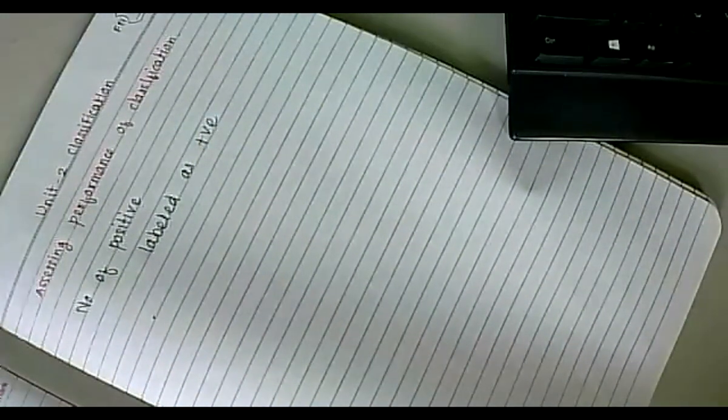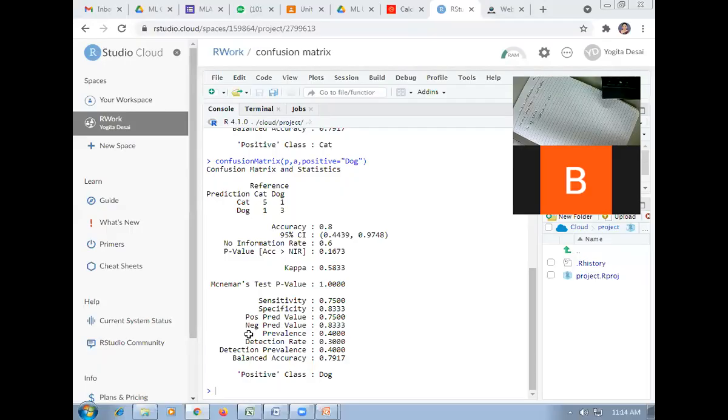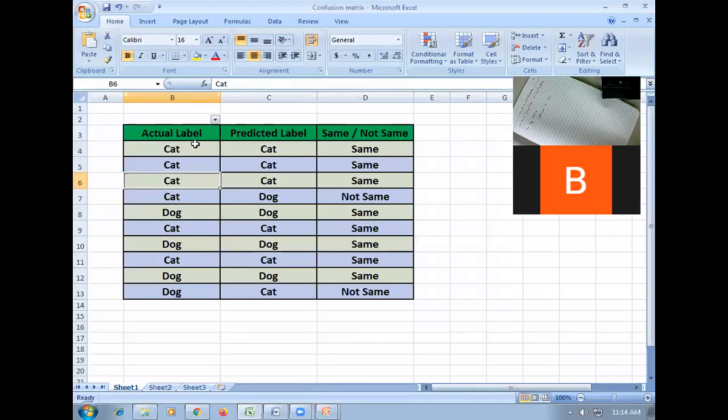Now, what is in our case? In our case, the values which are labeled positive are denoted as POS.